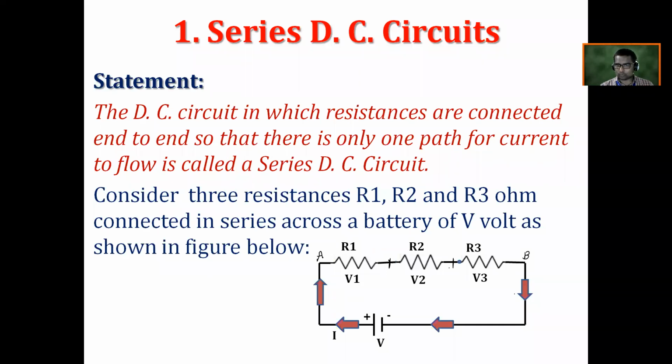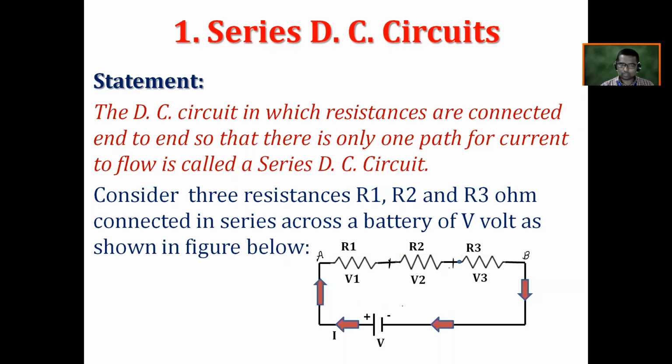Now the fourth characteristic: applied voltage is always equal to the sum of the voltage drops across individual resistances. Once again, I will repeat: applied voltage is always equal to the sum of voltage drop across individual resistances. Yes or no?